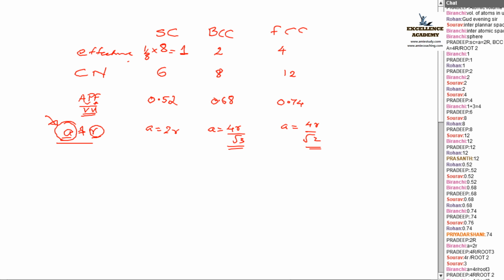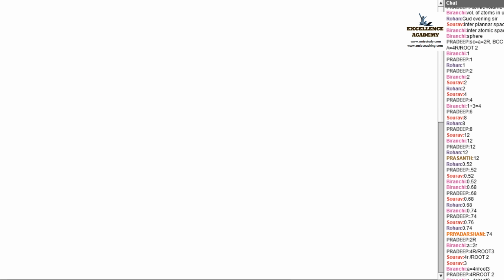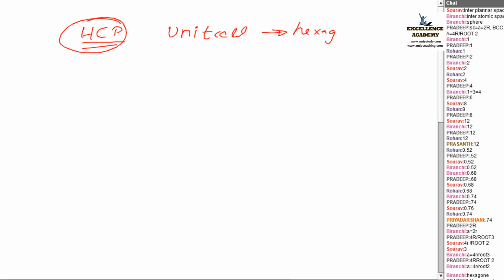And I told you that one more structure we have to learn, that is hexagonal close packed. Let us discuss that. In the hexagonal close packed structure, what shall be the shape of the unit cell? Is it the form of a cube? No. It is in the form of a hexagonal prism.